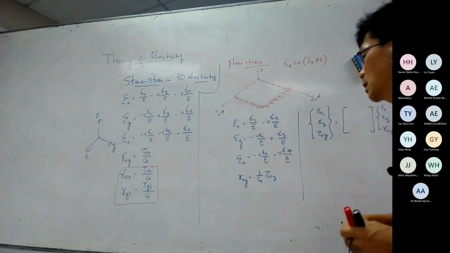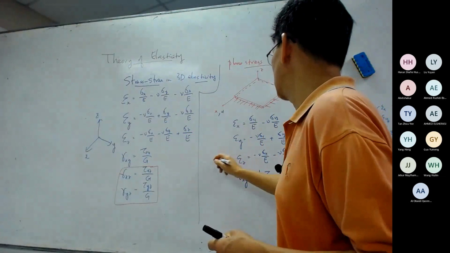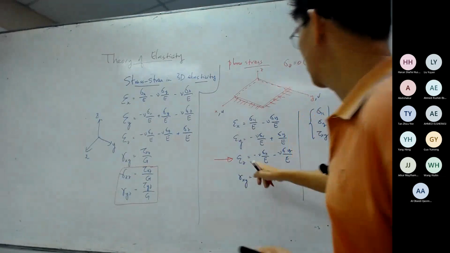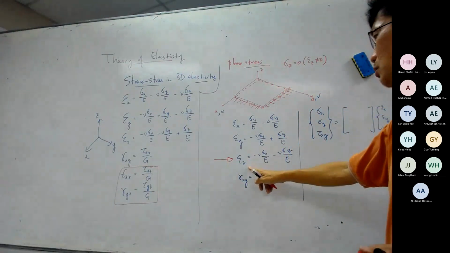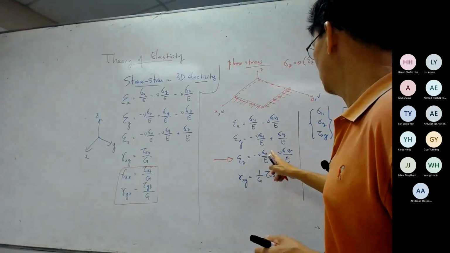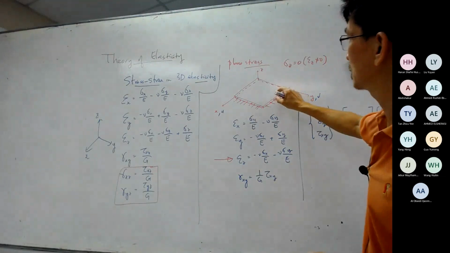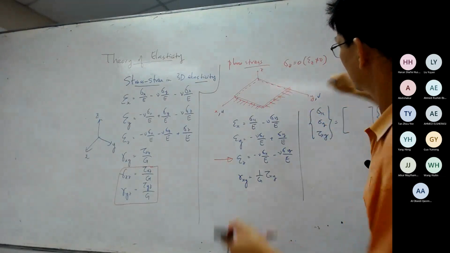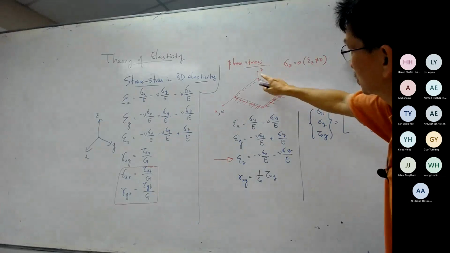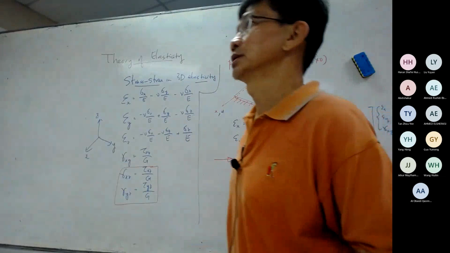So this third relation, actually, we do not need in the derivation process, but it lets us know that in a plane stress problem, this is non-zero because of the Poisson ratio effect. Physically, if you pull here and pull there, then the third direction, which is perpendicular to the x-y plane, will have a change in dimensions.